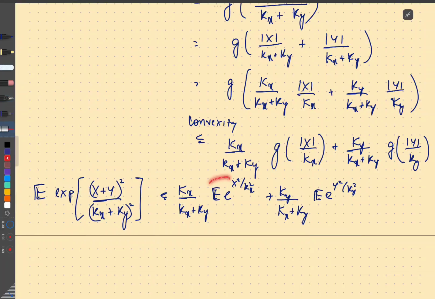What do I know about this term? It's less than or equal to 2. What do I know about this term? This is also less than or equal to 2. So I get this is less than or equal to 2 times kx by kx plus ky plus ky by kx plus ky, which is less than or equal to 2.